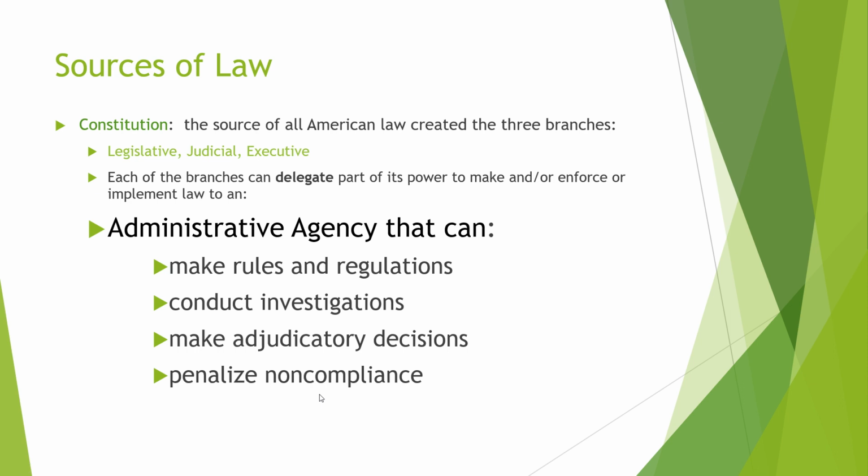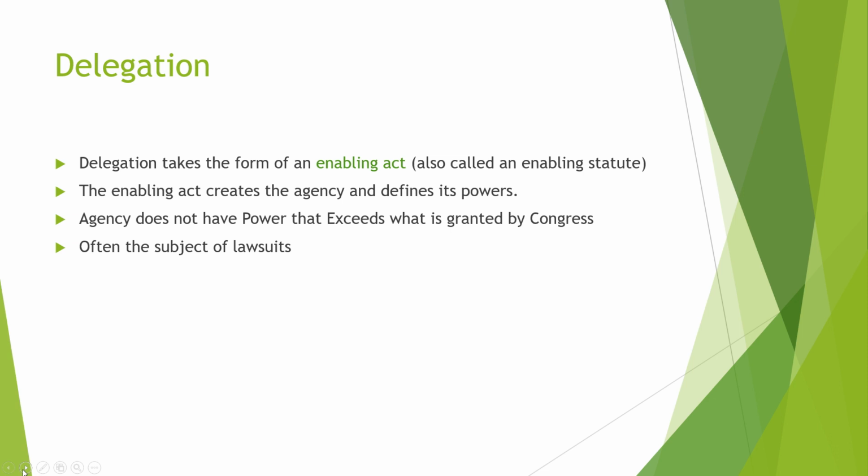The trick on this is they can never exceed the authority from what we call the enabling act, an enabling statute. Whatever statute gives them the authority, the power, they can't exceed the power that came from the statute.